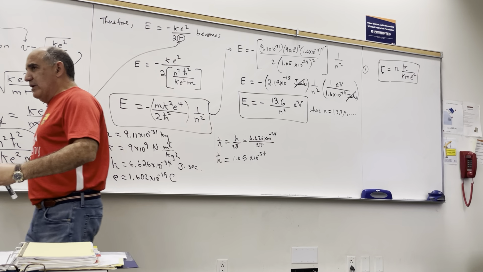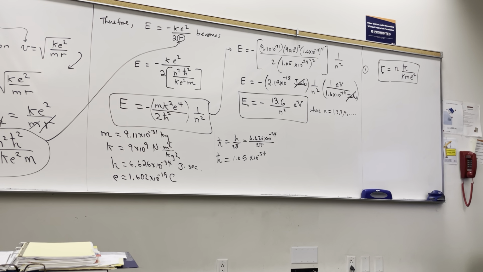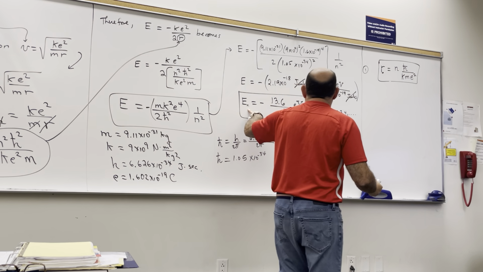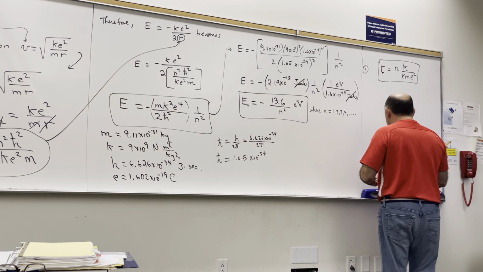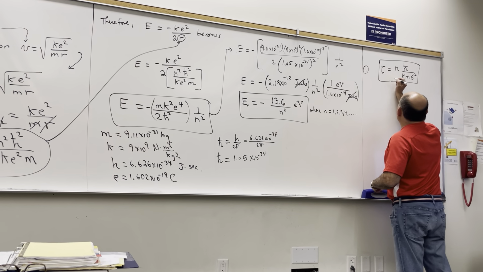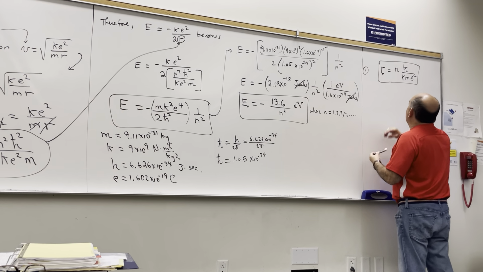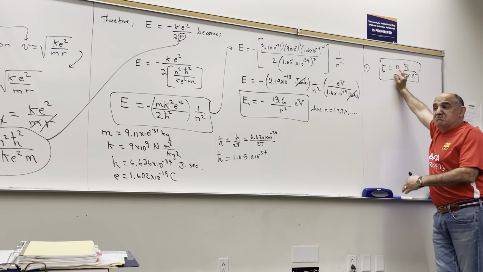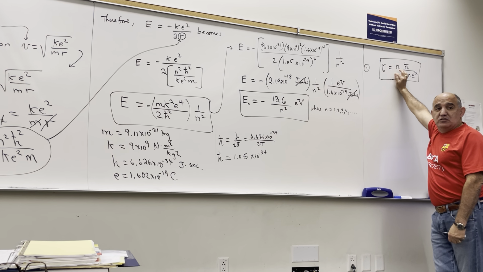It's just that when the energy is one of these specific values, this is the most probable position that the electron has, but it could be anywhere around the nucleus.